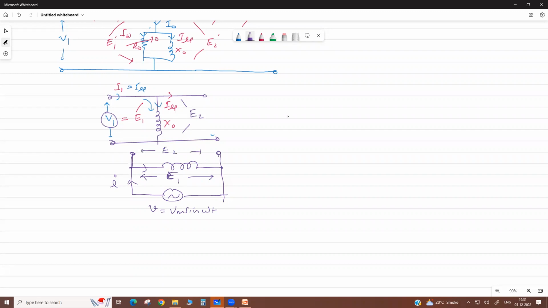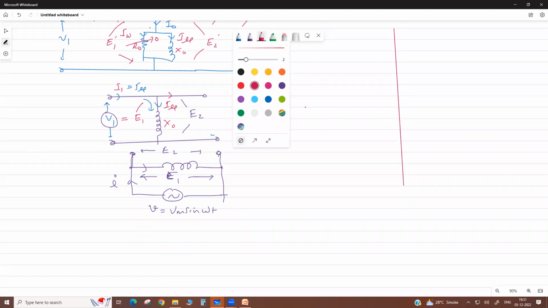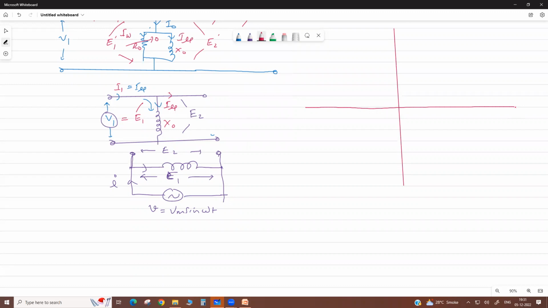Basically, in a pure inductor, if you draw the vertical axis, please look at this, very important. This is the vertical and this is the horizontal axis, like on graph paper.